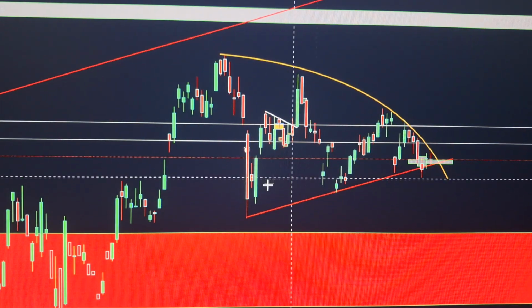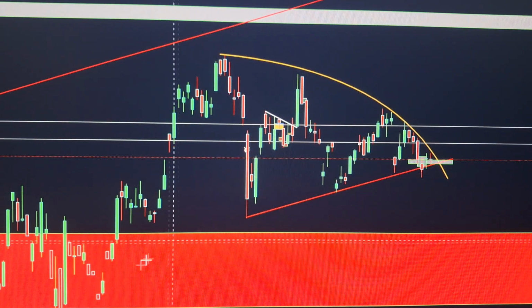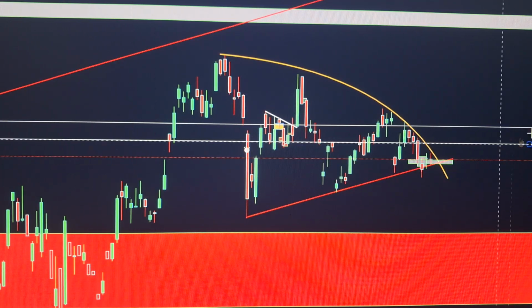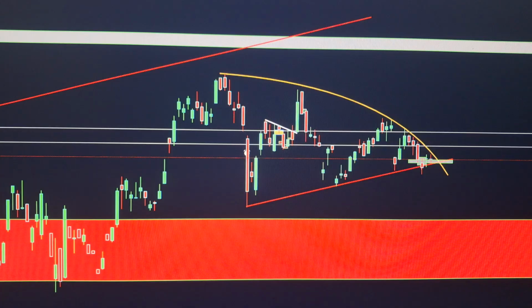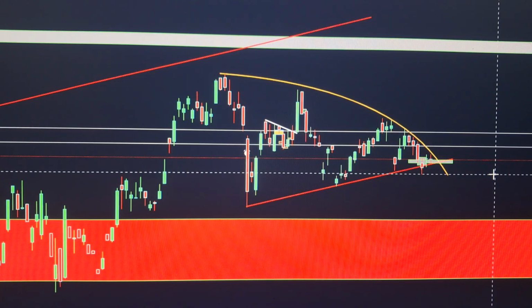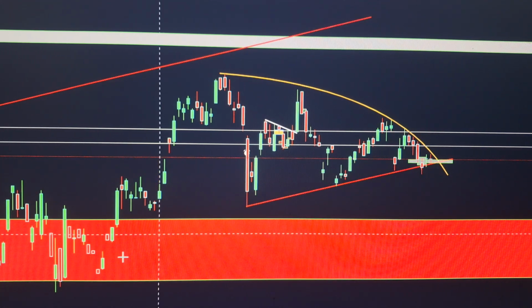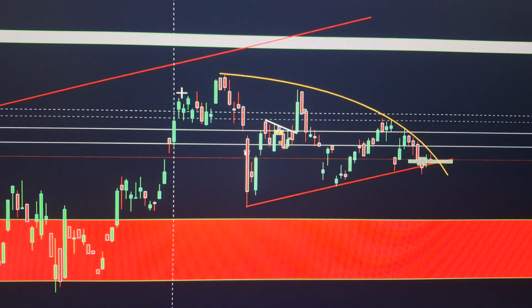There are so many ways to look at it. It's just deciding, hey, is it accumulation or is it distribution? Now, right here, I do see an impulse.